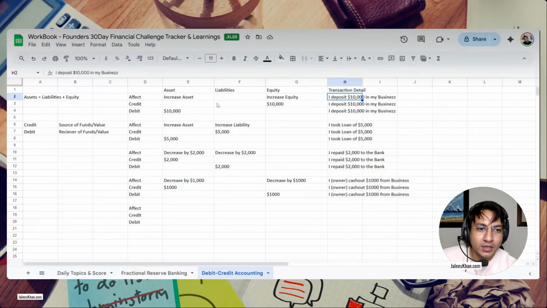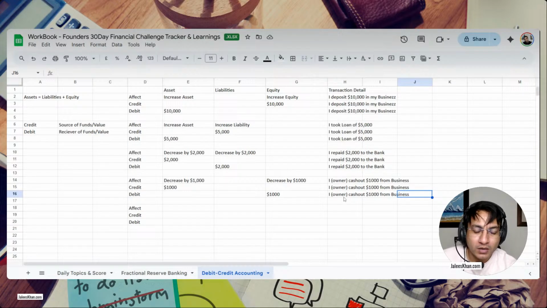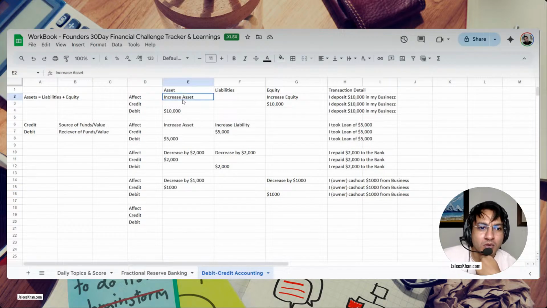Increase assets, increase equity. There's one scenario, second, third, fourth. And if I go and see that one, equity increase, asset decrease, equity increase. There's a picture I am seeing right now. I think I have to show you what I am seeing right now.